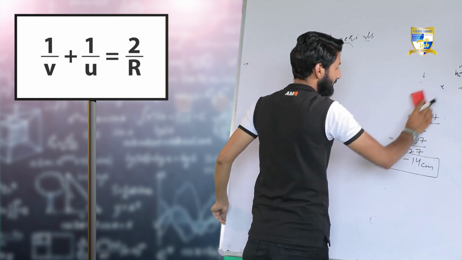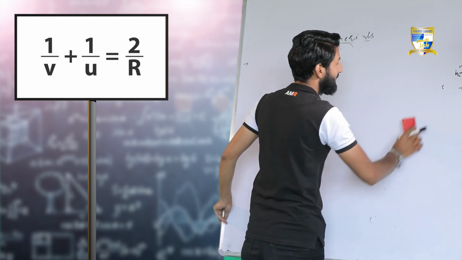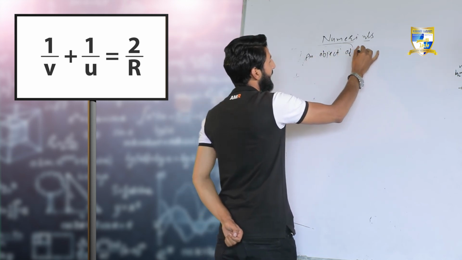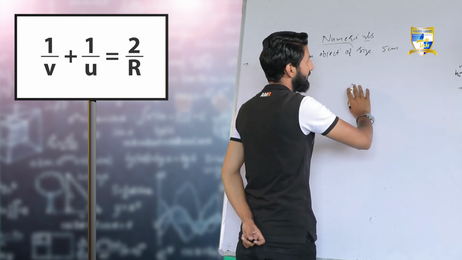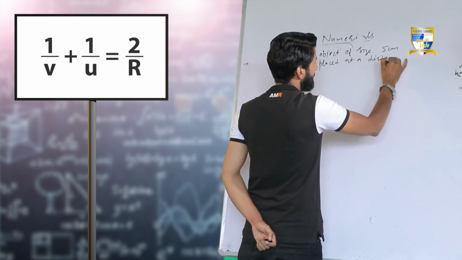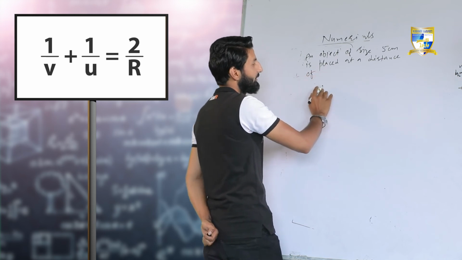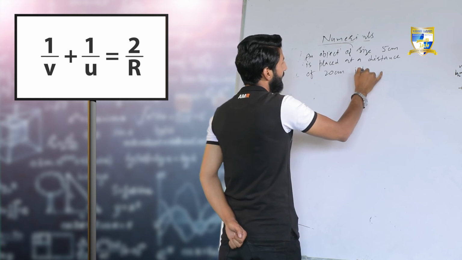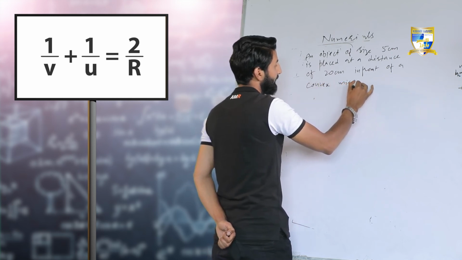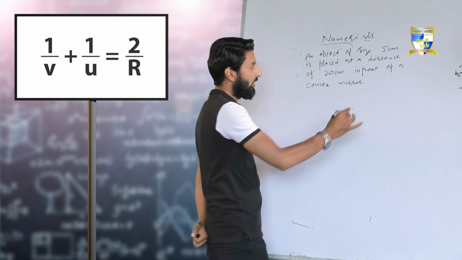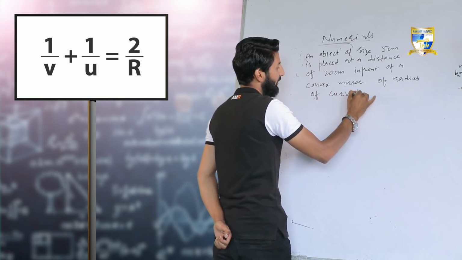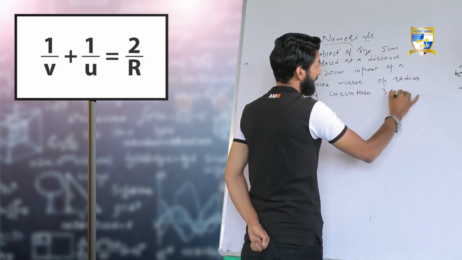Write down the numerical. An object of size 5 centimeter is placed at a distance of 20 centimeter in front of a convex mirror of radius of curvature 30 centimeter.